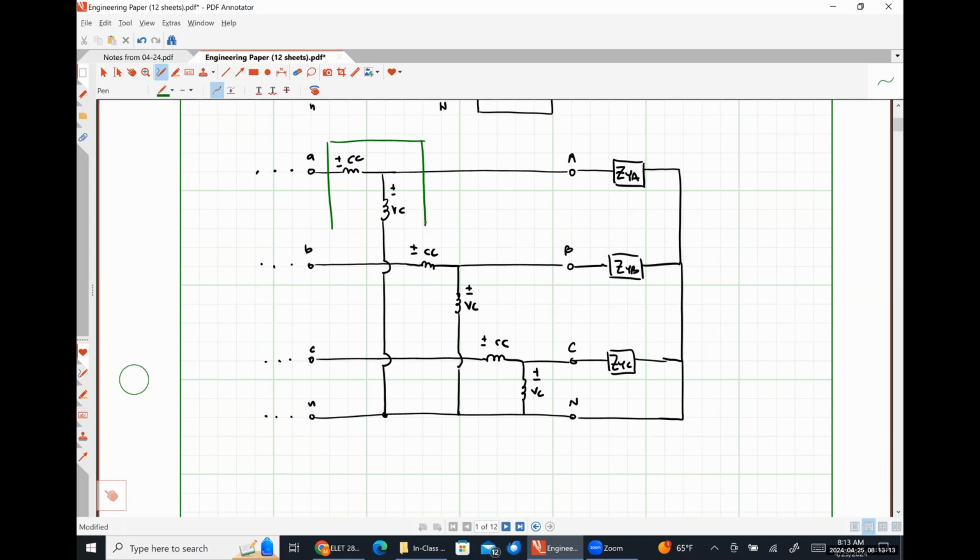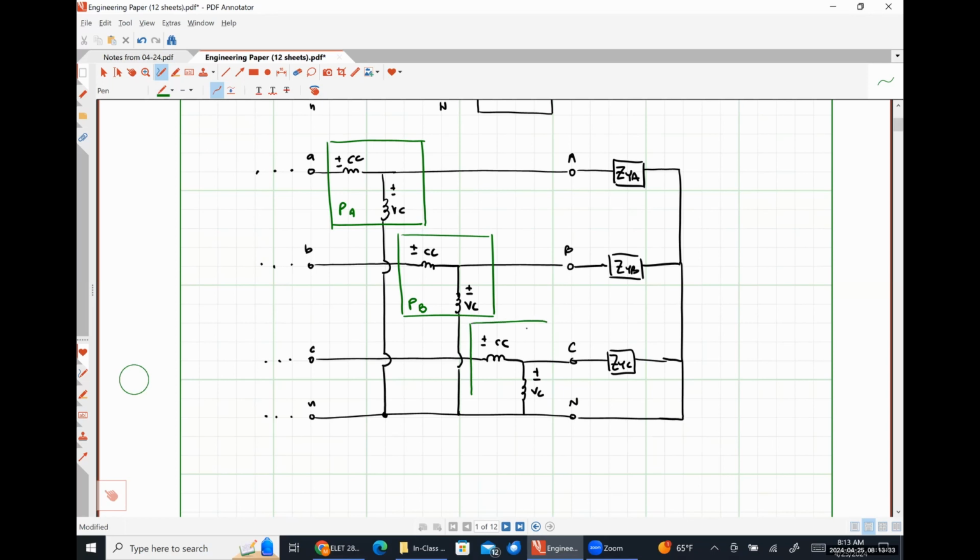So here's watt meter number 1 that tells us the power absorbed by the A phase. Here's watt meter number 2 that's telling us the average power absorbed by the B phase.